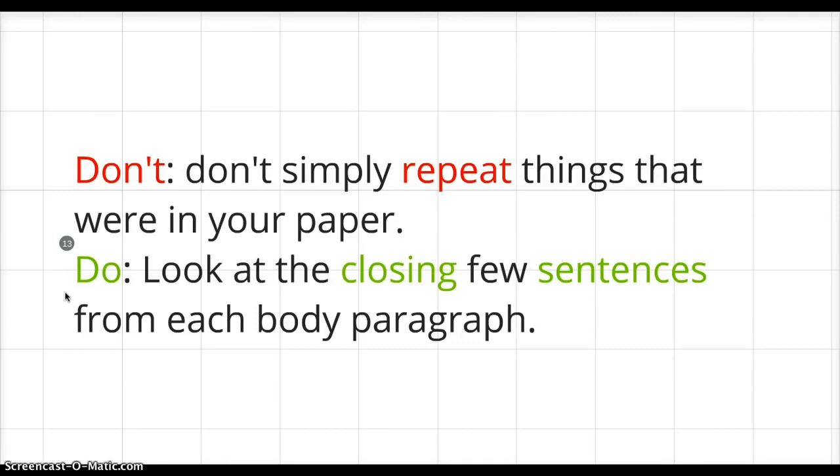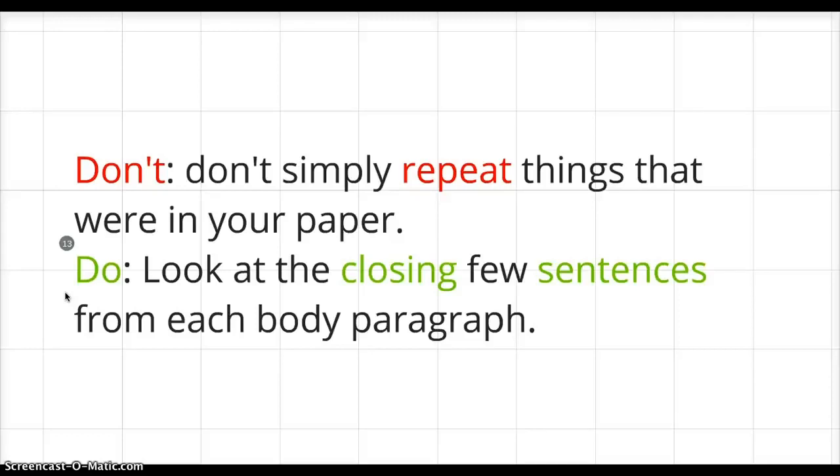Let's think about this for a second. For each body paragraph, you started out with a topic sentence that identified the technique. Then you went into specific examples from the novel to prove how that technique creates empathy. You wrote sentences of your own thinking that explained how that example from the book made you feel something.